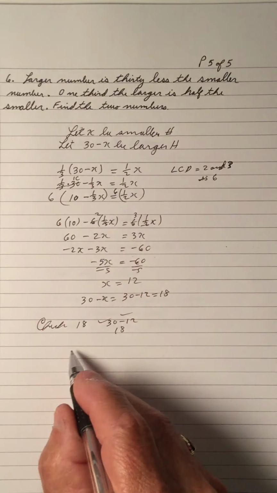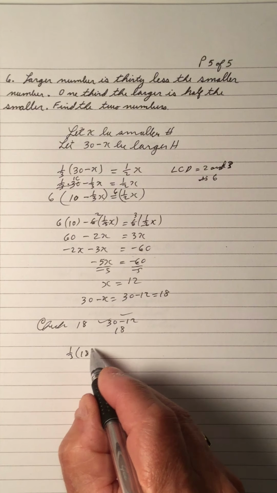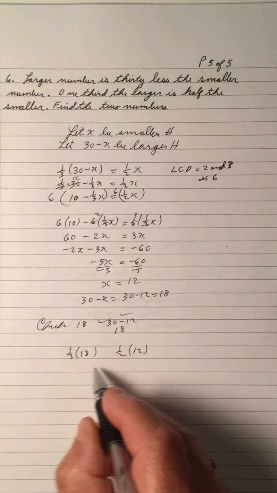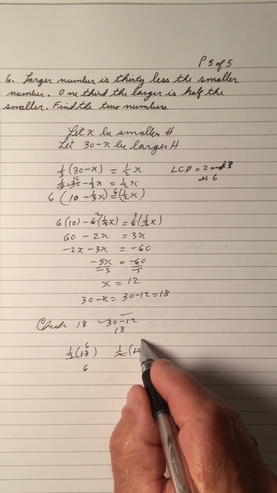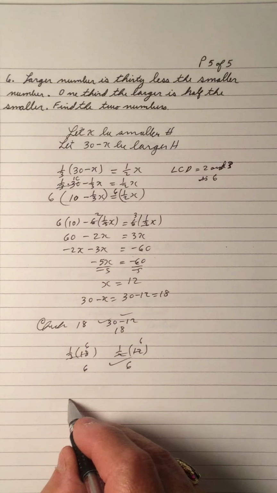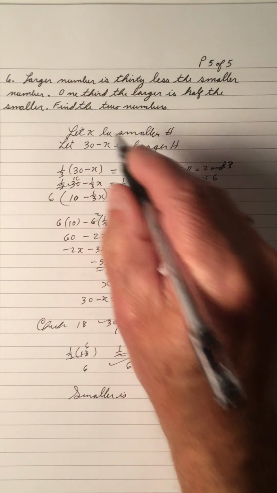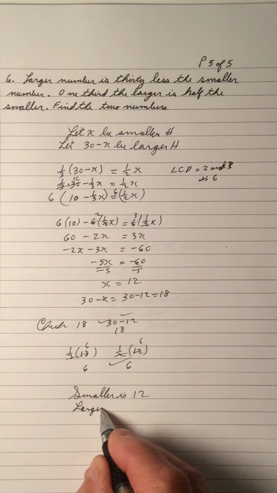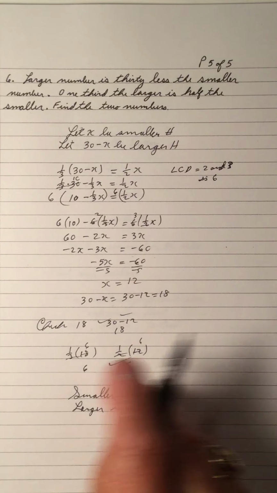And the second one is 1/3 the larger, which is 18, is 1/2 the smaller, which is 12. 1/3 of 18 is 6. 1/2 of 12 is 6, so that's true. So the smaller number is x, which is 12, and the larger number is 18. So that checks. All done.